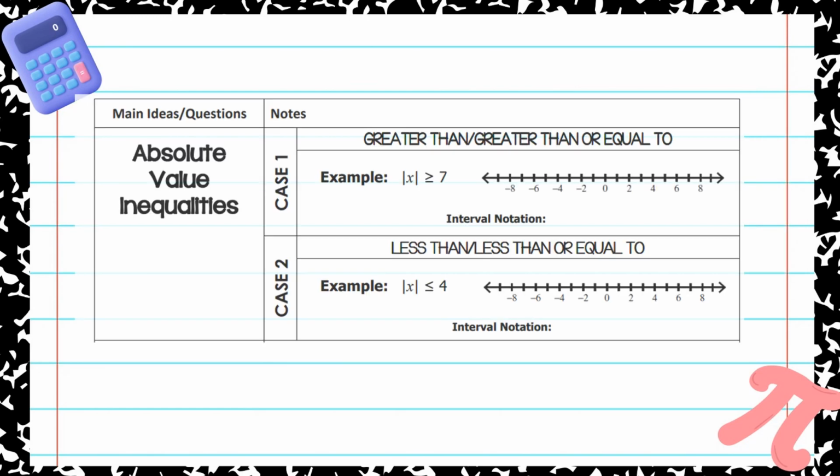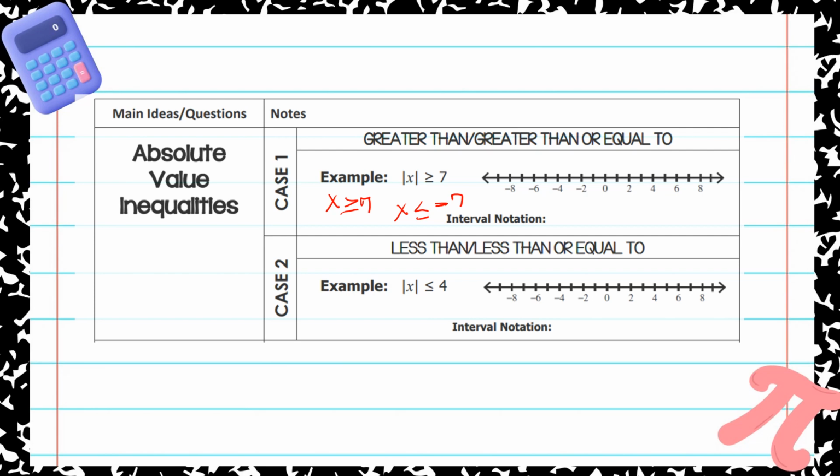So when we have absolute value inequalities, we have two cases. Where the absolute value of a number is greater than or equal to something, as in case 1, we know that x is greater than or equal to 7, and we know also that x is less than or equal to -7.